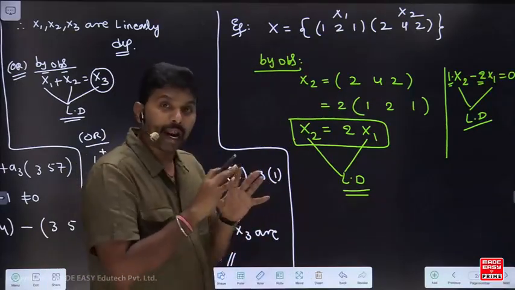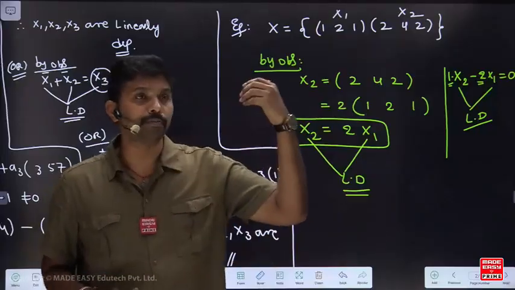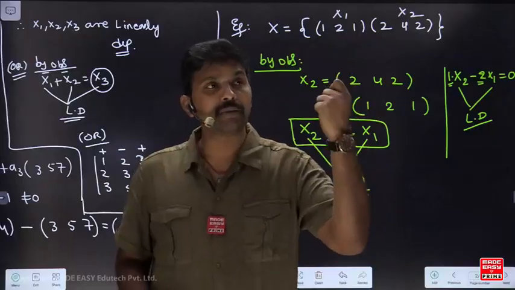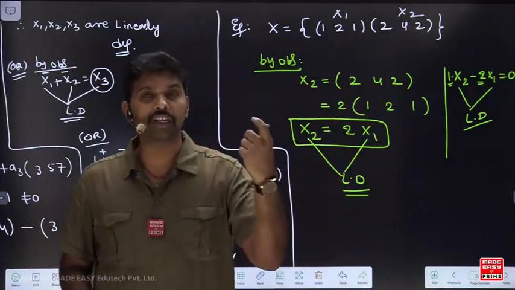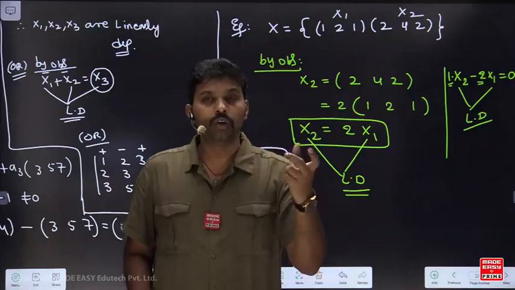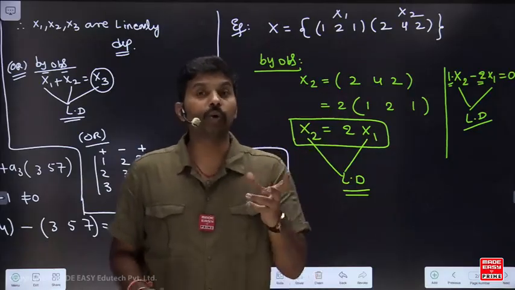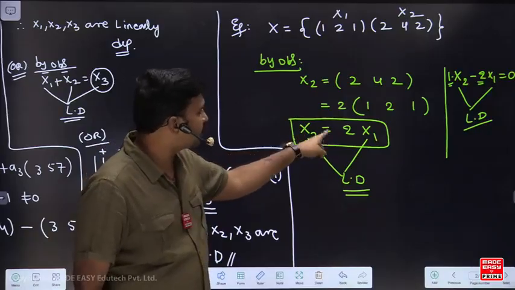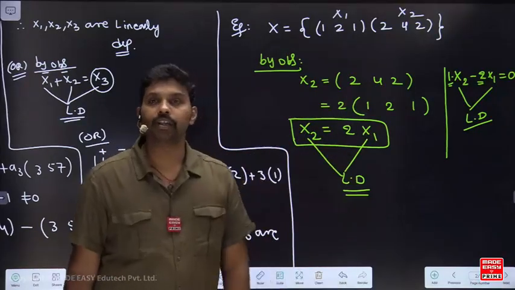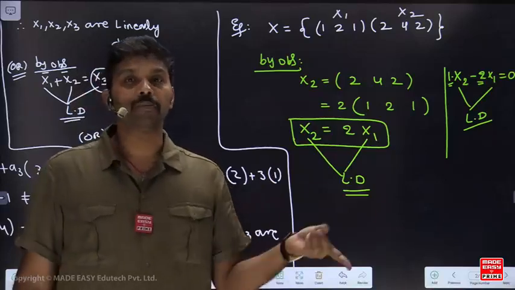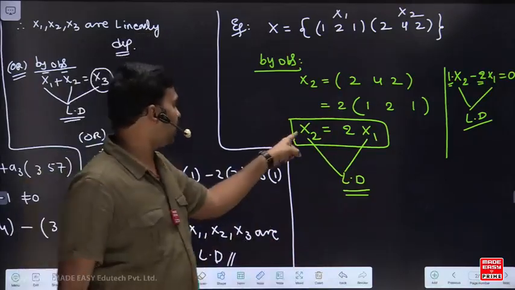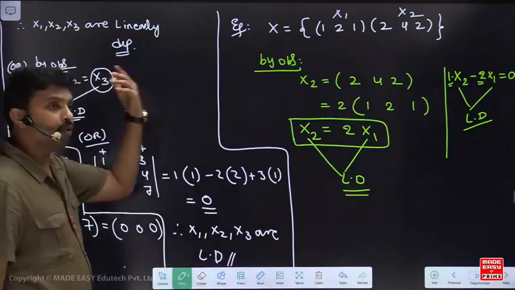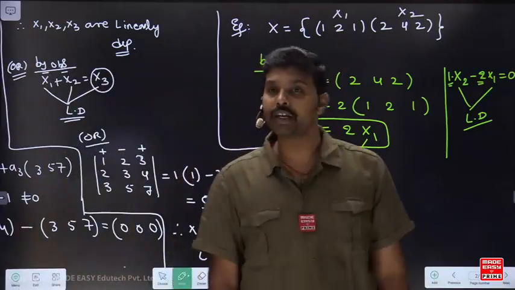So how do I tell you practically? Just as we look at rows, columns, vectors, how do we understand whether there is dependency between two vectors or not? Very simply and easily, it is this way. If one vector is a scalar multiple of the other vector, then we say that those two vectors are linearly dependent. But when we have three vectors or four vectors or five vectors, how do we write that?